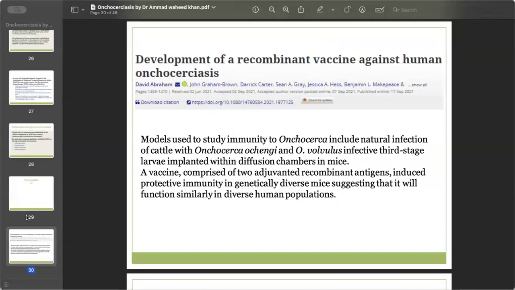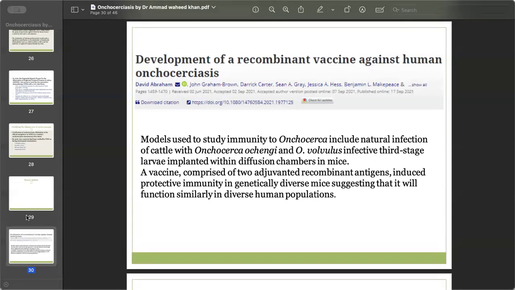Recent update: development of a recombinant vaccine against human onchocerciasis. Models used to study immunity to Onchocerca include natural infection of cattle with Onchocerca ochengi, or O. volvulus infective third stage larvae implanted within a diffusion chamber in mice.